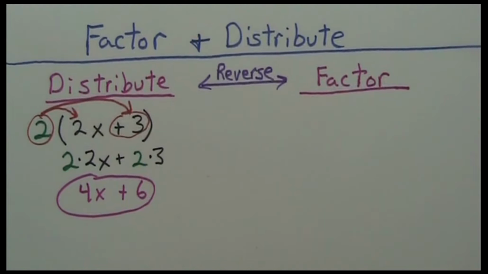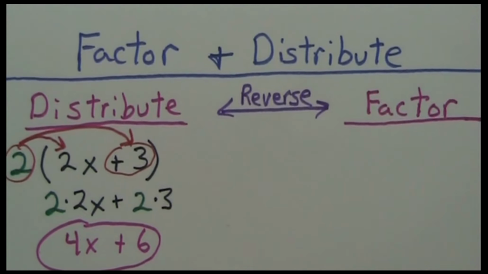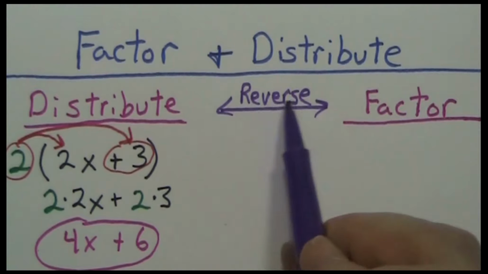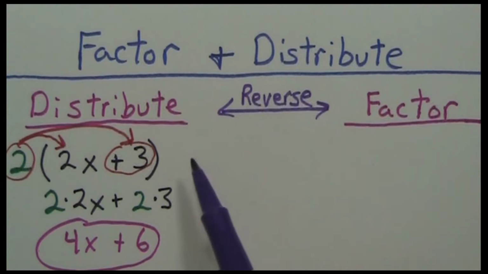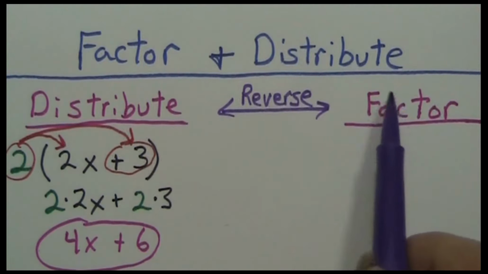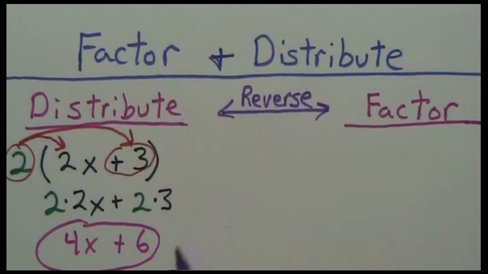It's the opposite. I'll enlarge that so you can see that. We're going to go in reverse order. So we have distribute and factoring, or factor, and they are reverse of each other.